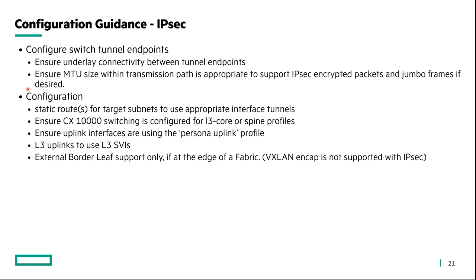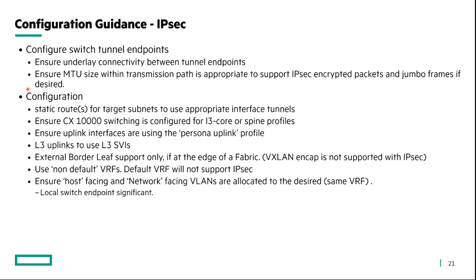We'll cover this in more detail in the configuration section on the CLI. External border leaf is supported only at the edge of a fabric. VXLAN encapsulation is not supported with IPsec, and you can only run IPsec out of the border leaf, not at the top-of-rack leaf. So be clear on that. Do not use the default VRF. It does not support IPsec.